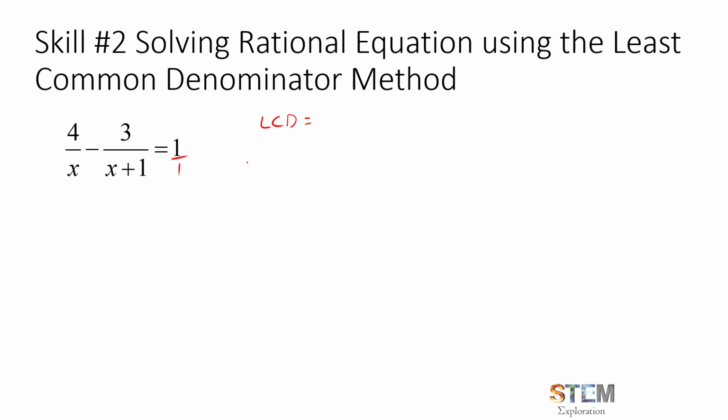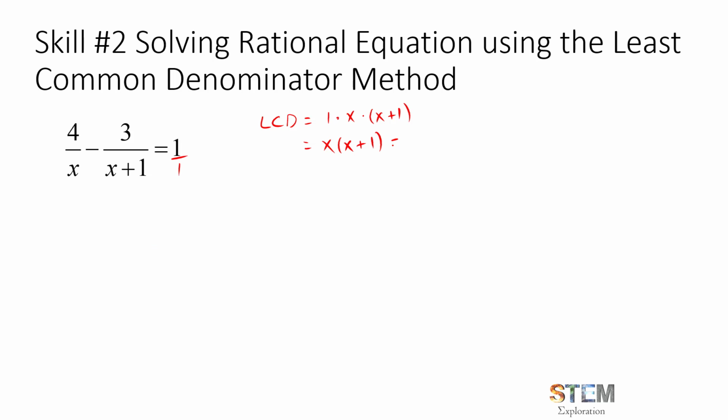And since all of these are technically unique denominators, I'm just going to say 1 times x plus 1. And so the least common denominator in this case, since 1's just a placeholder, we can say it's x times x plus 1. So what I'm going to do here is multiply all 3 of these terms by x times x plus 1.